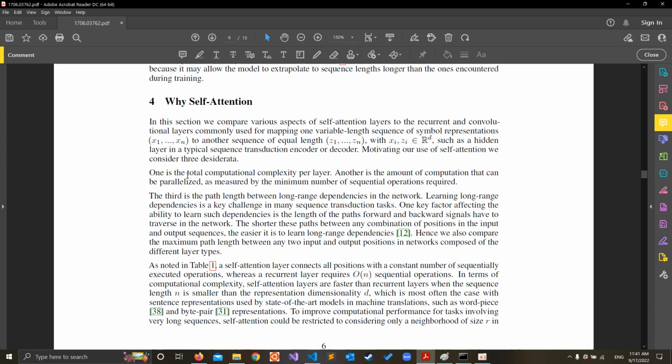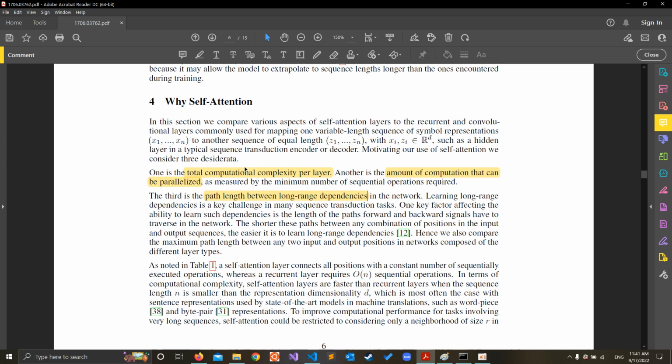So why are they using self-attention? There are three reasons. One of them is the total computational complexity per layer. The next one is the amount of computation that can be parallelized. And the third one is the path length between long-range dependencies. Learning long-range dependencies is a key challenge in many sequence transduction tasks.